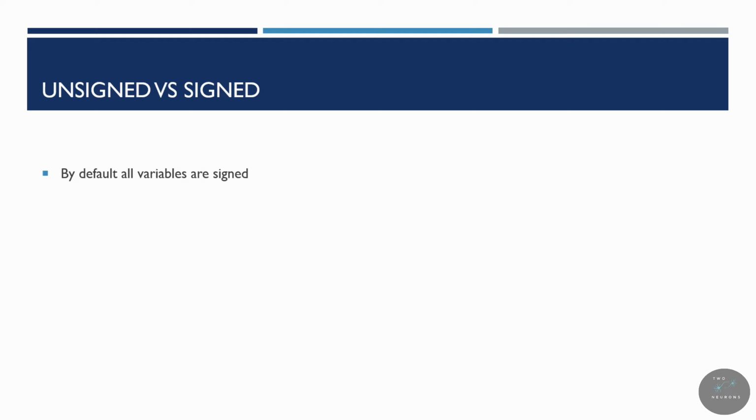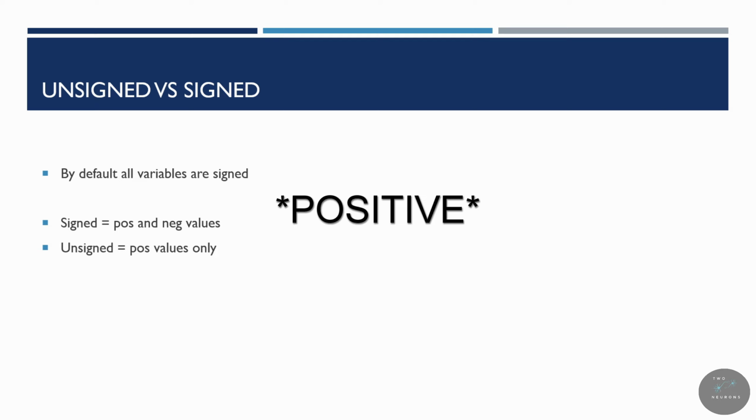Now, the other thing we need to consider are unsigned versus signed variables. By default, all integers and all variables are signed. And we think about this in terms of numeric variables. A signed variable has positive and negative values. An unsigned has negative values only. Now, why might you use these?